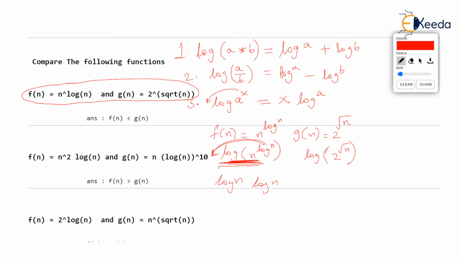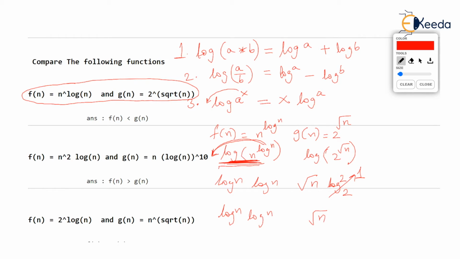And on the right we have log of 2 raised to root n, so we'll get root n log 2. Now you know all the logarithms are base 2, so log 2 to the base 2 is 1, obviously. So what do you have? Log n squared on one side and root n on the other. Now, which one is higher?